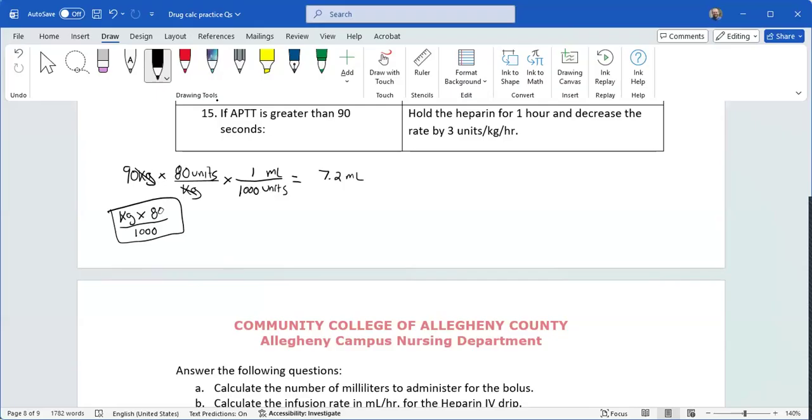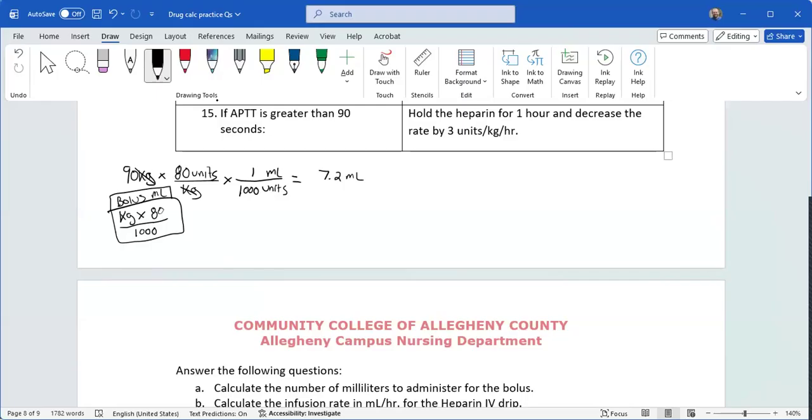So that's whatever the patient's weight is in kilograms times 80 divided by 1,000 will give you your bolus in mL. When I said that in the previous hour, my students got pretty excited that there was a shorthand way of doing this instead of writing it all out. I still think it's important to write it all out, just in case they give you different data points. I don't think they will, but just in case they do.